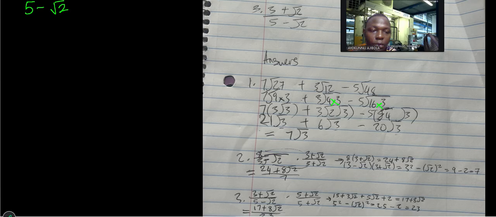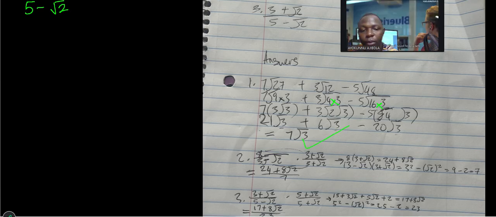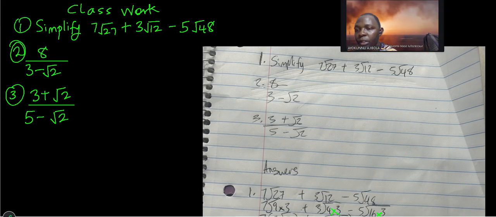Then the next one is to rationalize by multiplying by 3 plus root 2. So 8 times this is 24, then 8 root 2, and we have the one at the bottom, which is going to be 9 minus 2, which is 7. So we got this.